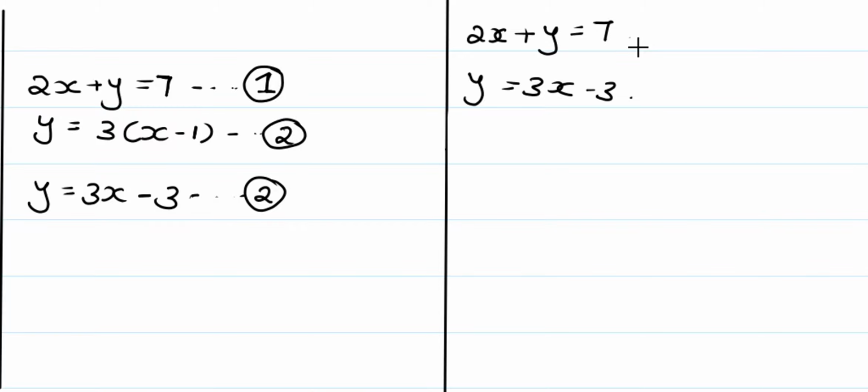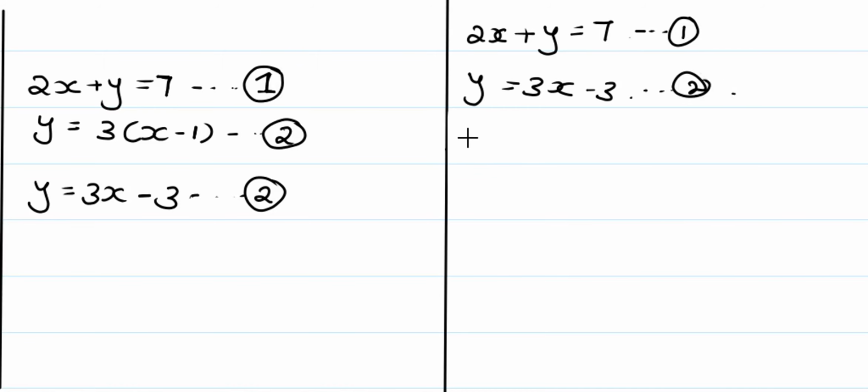Now from equation 2, y is written in terms of x. So we can use this equation 2, and in any place in equation 1 where we have y, we will replace it with 3x - 3, so that we can solve for x.